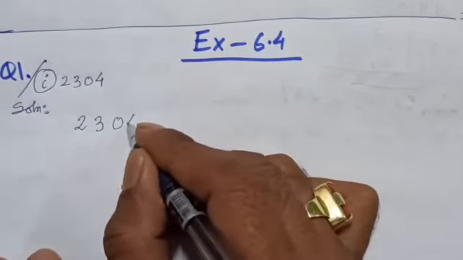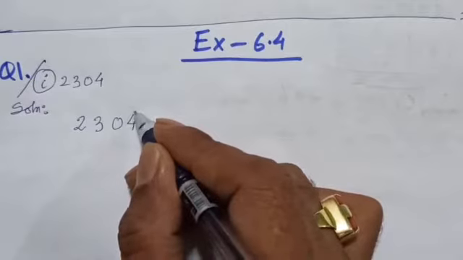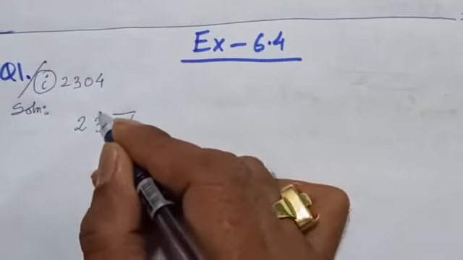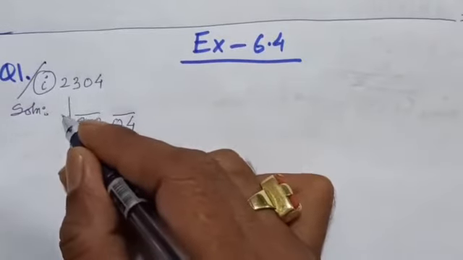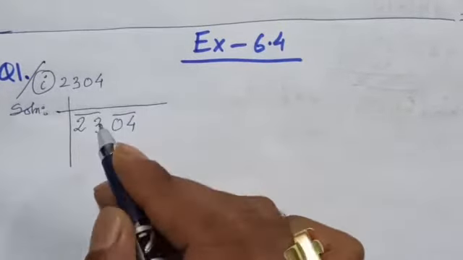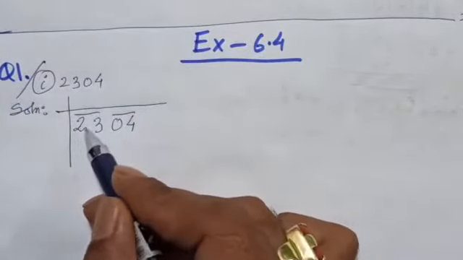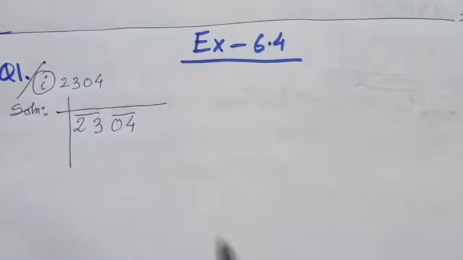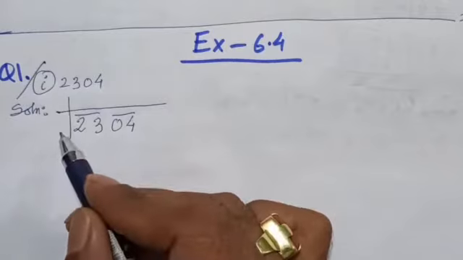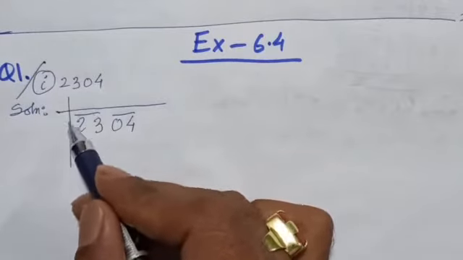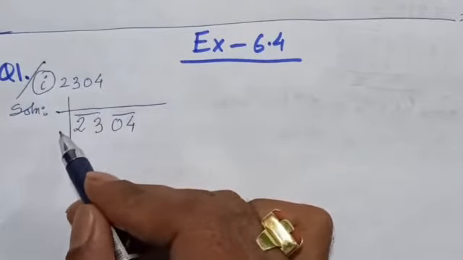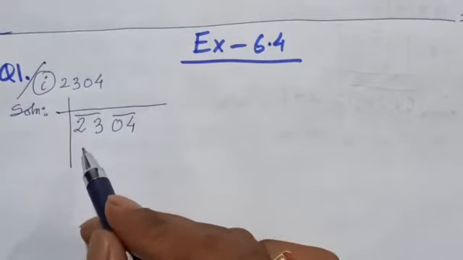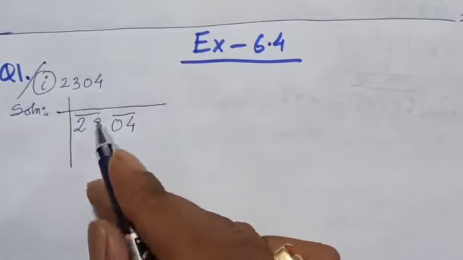2304. Now put the bar, 1 2 2 digit bar, 1 2 2 digit bar. Here draw one line. Now the first bar is under 23. Now let's divide this 23. So according to the rule, if we take 4 times, 4 times 4 is 16, 5 times 5 is 25. 25 is bigger than 23, so we have to take 4.